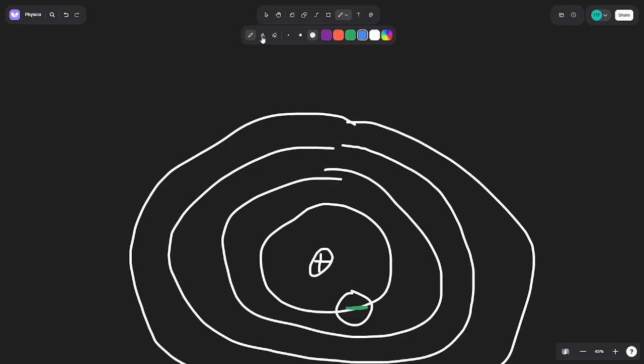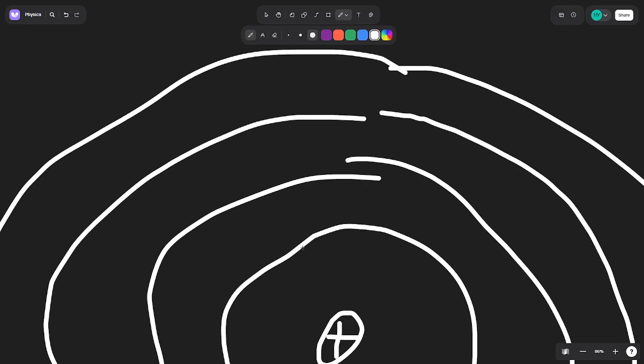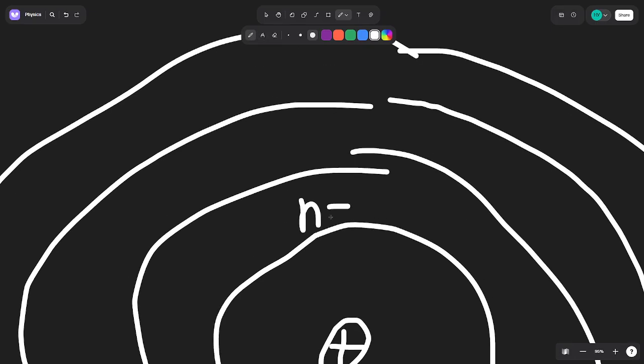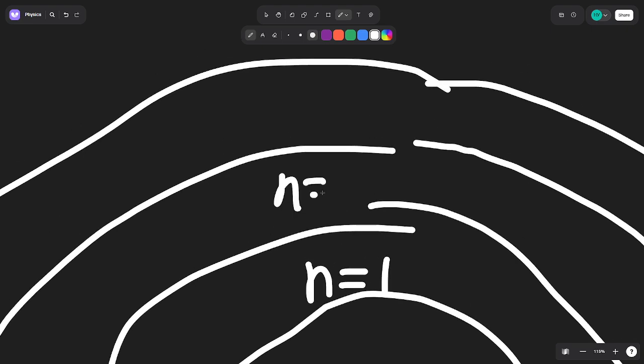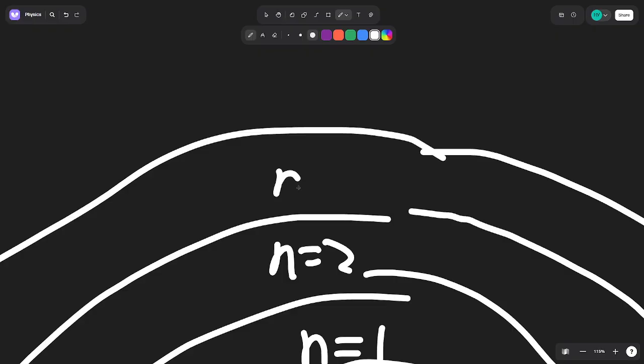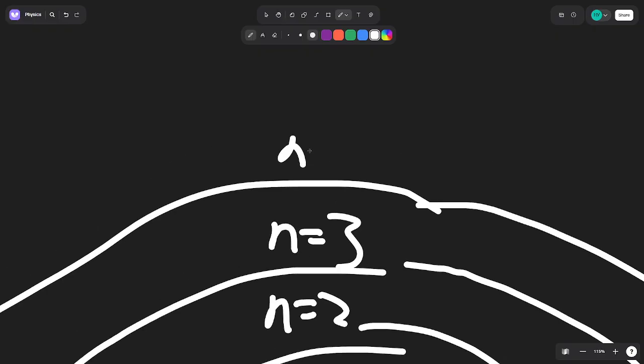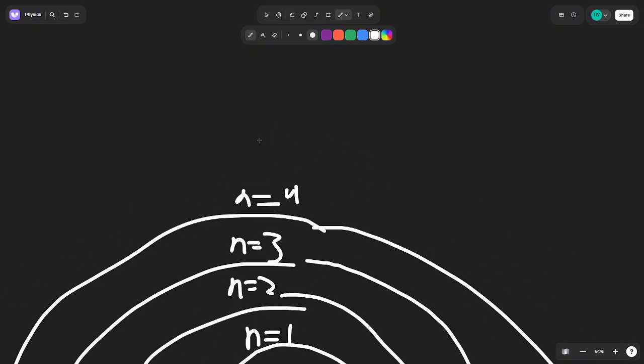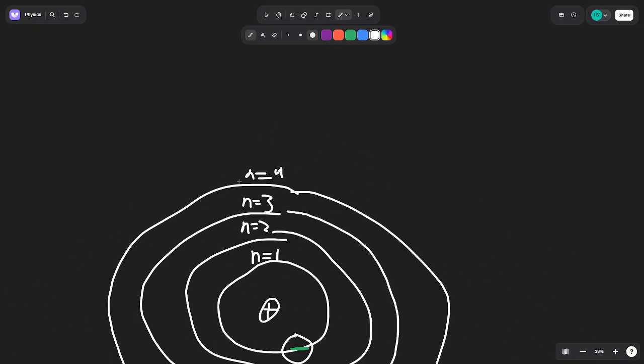And these circles are energy levels. Energy level 1, energy level 2, energy level 3, 4, and way more. They're almost infinite, I like to say. We can continue them as we want, but it really relies on what particle we use, which atom.